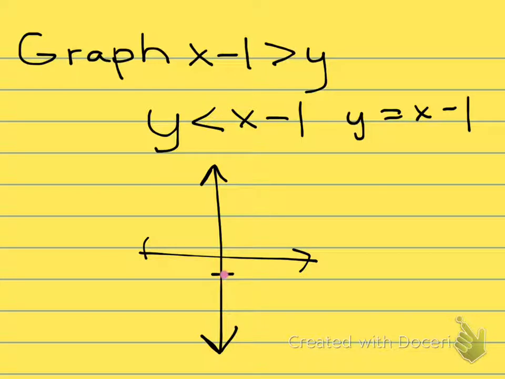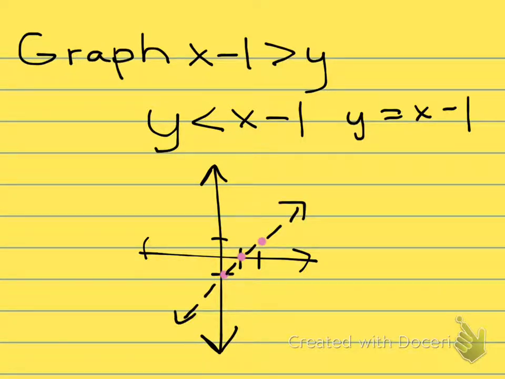And my slope is 1, so I go up 1 to the right 1, and so on. Now I check to see what type of symbol this is. Since it doesn't have an equal to line underneath, this is again going to be a dashed line through my points.